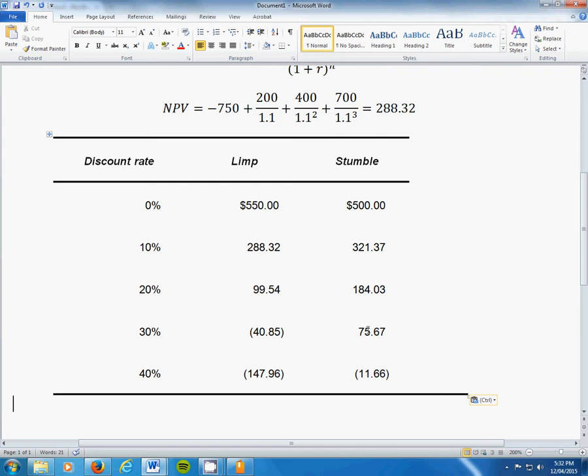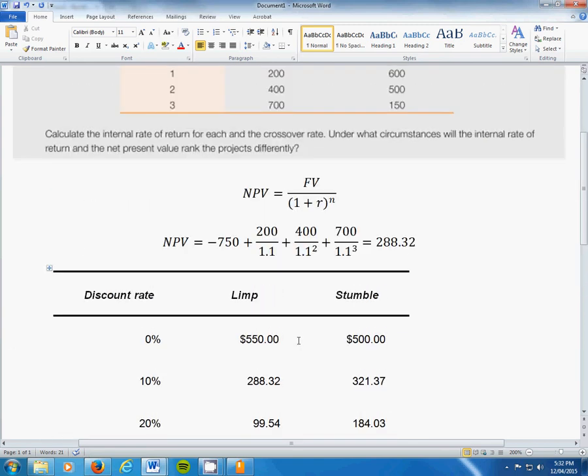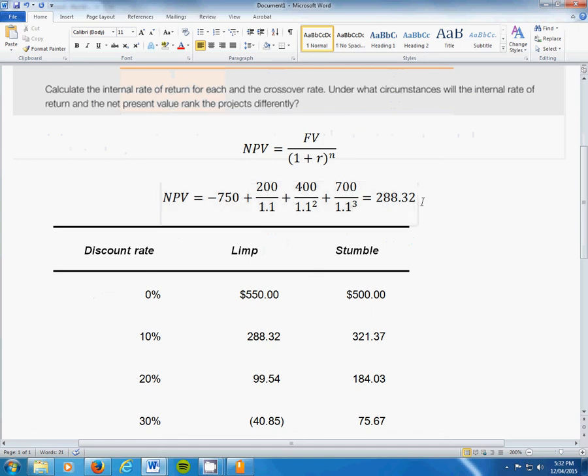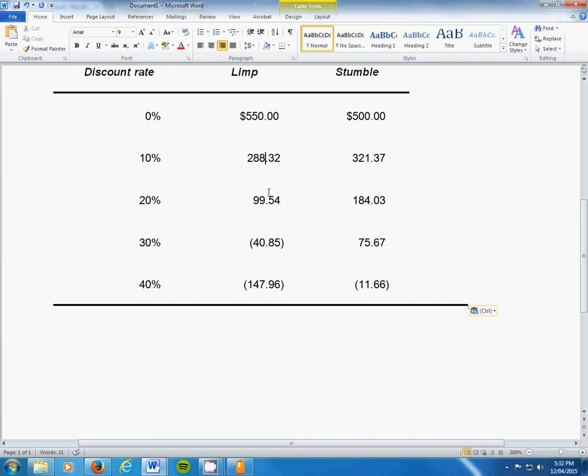So we can do some averaging and work out how to target the discount rate better than just going 31%, 32%, 33%, and so on. But I believe the answer is around 26 for Limp and 38 for Stumble. So you can see that in the answers, but this working demonstrates how to actually arrive at each of the numbers in this table.